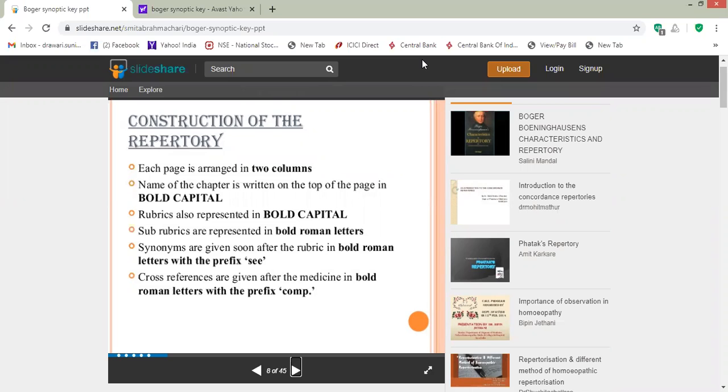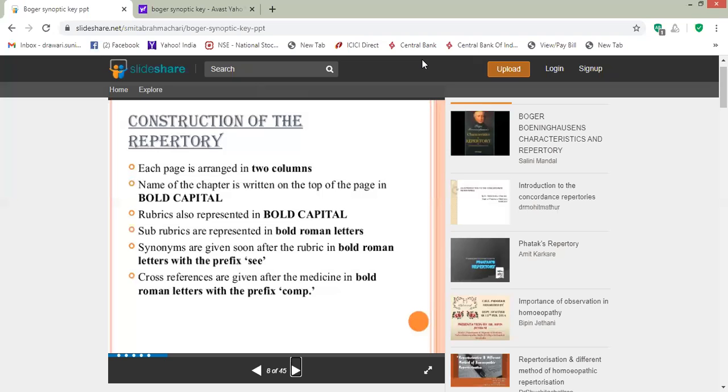The name of the chapter is written on the top in bold capital. Rubrics are also written in bold capital. Subrubrics are represented in bold Roman letters. So there are two types of typography used to write down the rubrics. The main rubric is written in bold capital and subrubrics are written in bold Roman letters.